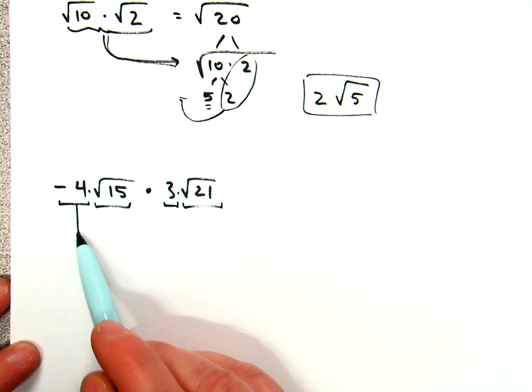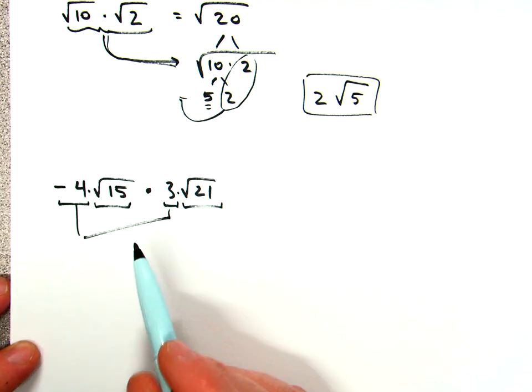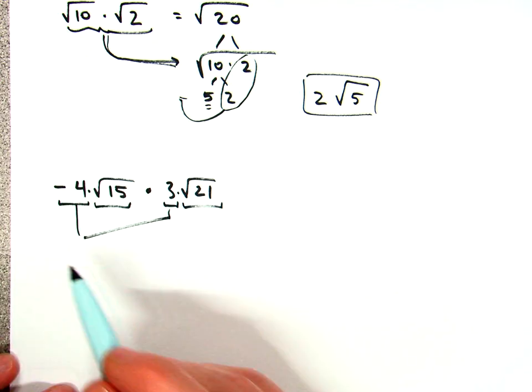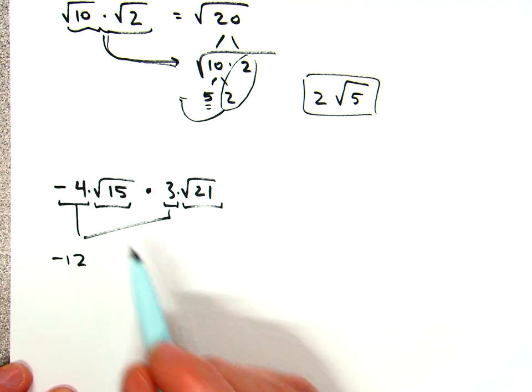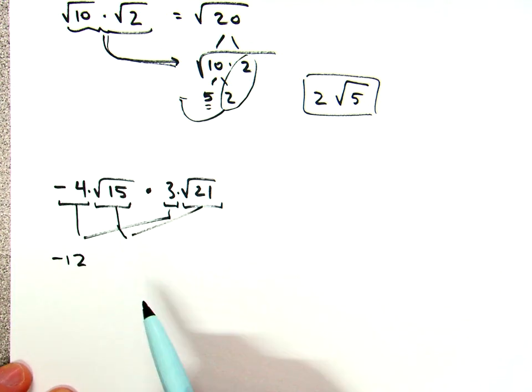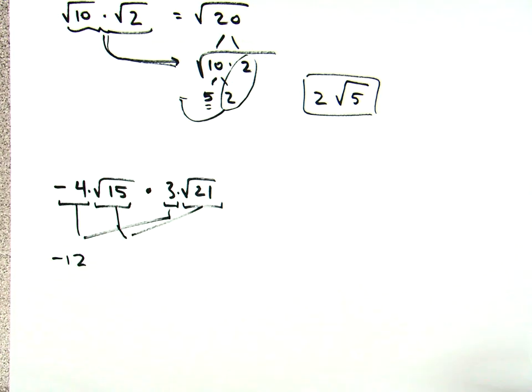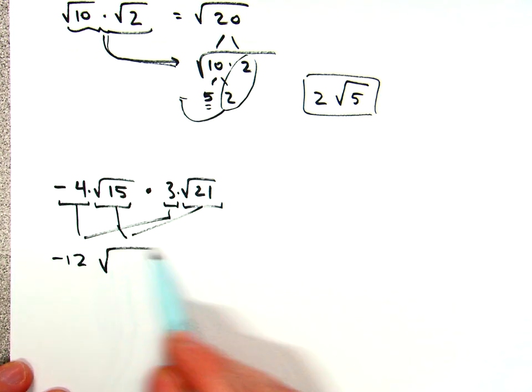So I could multiply these two together, because I can actually multiply constants together. So I can say negative 4 times 3 is negative 12. And then we can multiply roots and roots together, just like we did here. Now remember, 15 times 21 is some big number, and once we put it together, we're going to try to reduce it down.